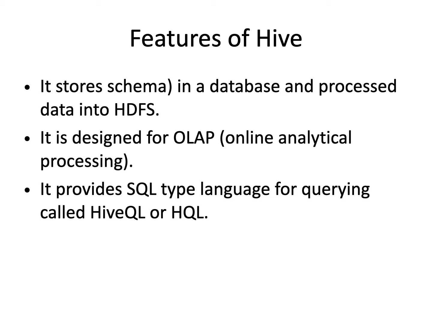And the main important point is it provides a SQL-type language for querying called HiveQL or HQL, and using this we can perform analysis and get the data, and it is fast, scalable, and extensible. So these are the basic features of Hive.